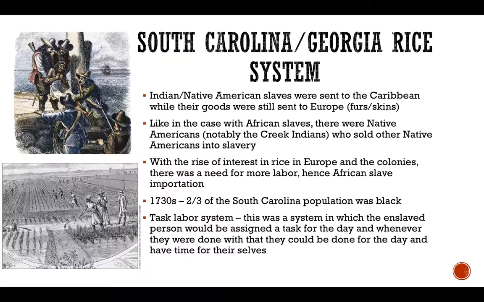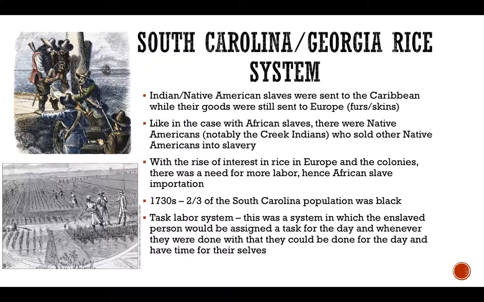So this 2/3 of the South Carolina population being Black meant that they outnumbered the European white population. And that went a couple of different ways. Eventually, this meant that the enslaved people felt that they may have the upper hand should they decide to rebel.